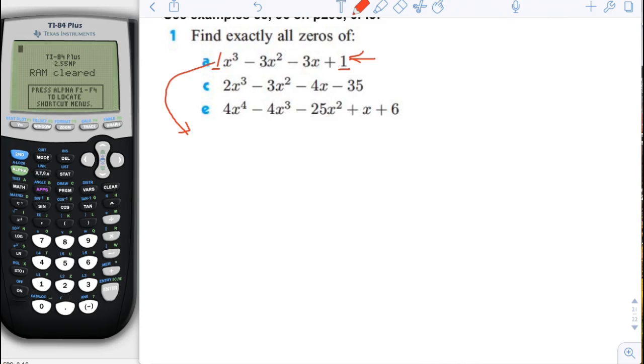So let's say that the whole number factors that produce the constant 1 would be -1 and 1. And the factors that would produce the coefficient positive 1 would also be -1 and 1. How could it be -1? -1 times -1 is 1, right?